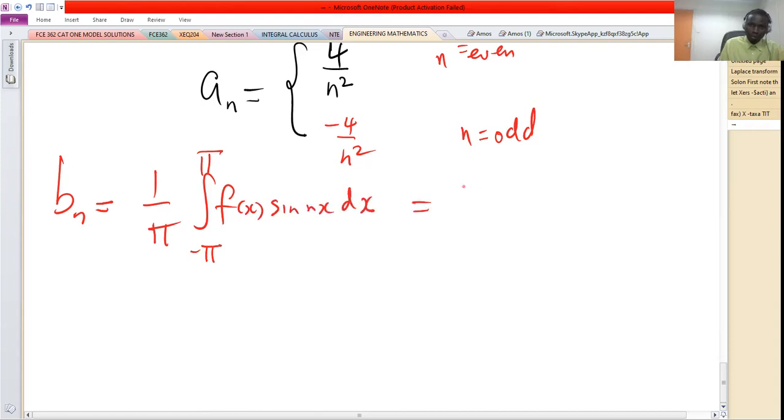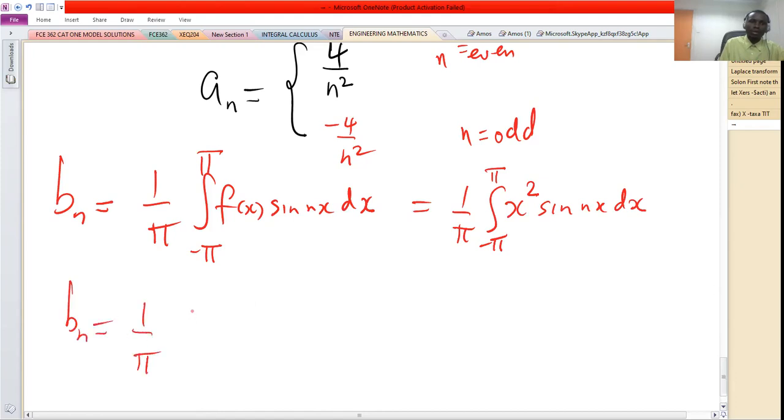Which will be 1 over pi integral from -pi to pi of x squared sine nx dx. So also use integration by parts, so that bn equals 1 over pi and then x squared into minus cosine nx over n.